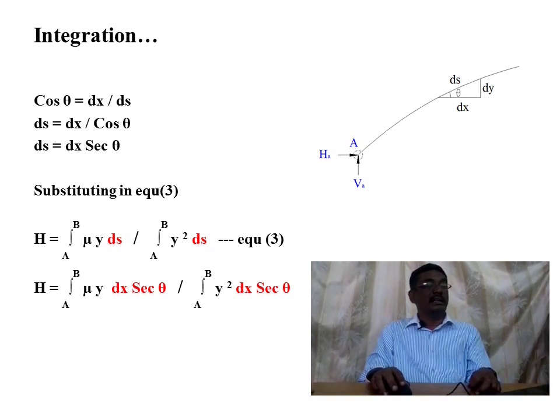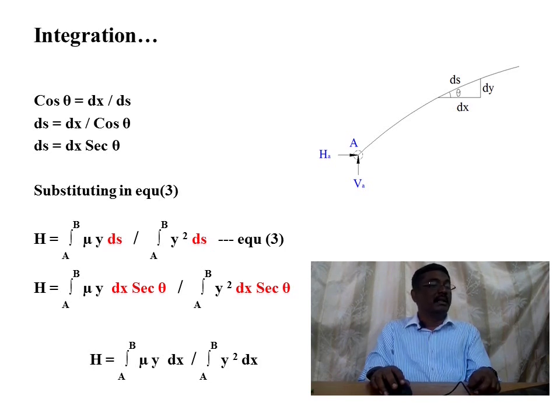Secant theta gets cancelled, and H has a reduced form like this: integral a to b mu y dx divided by integral a to b y square dx. With this equation in terms of y and x, it is very easy to integrate and find the value of horizontal thrust. So this equation gives you the expression to find the value of horizontal thrust.